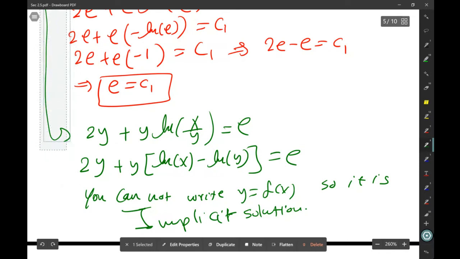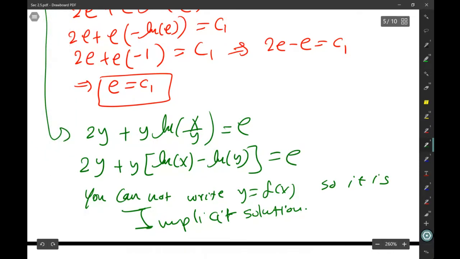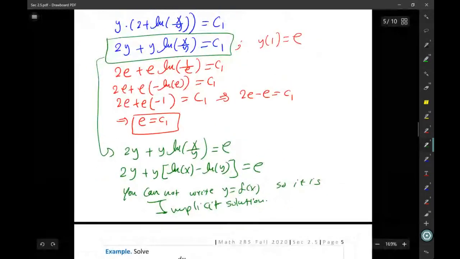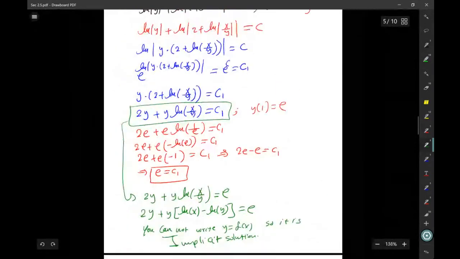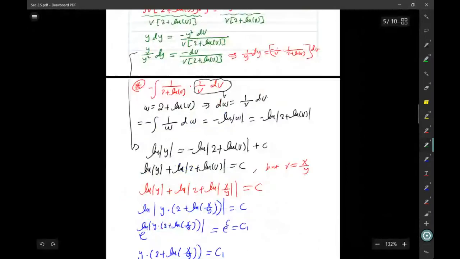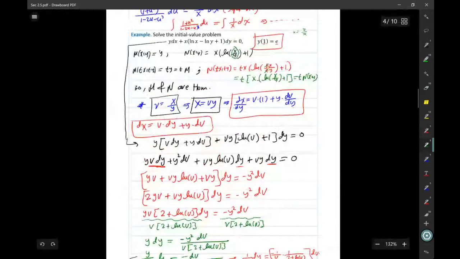This is a very nice example. This is a very nice example. If you have any question in any step, do not hesitate to ask me here.